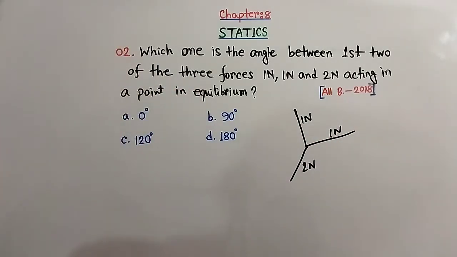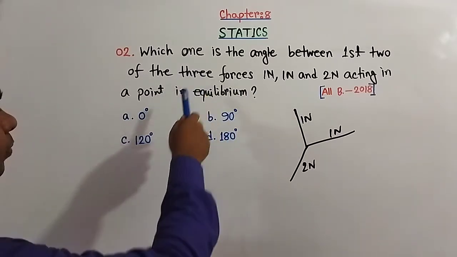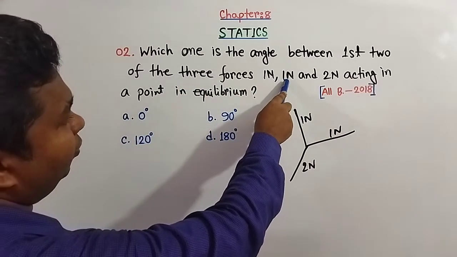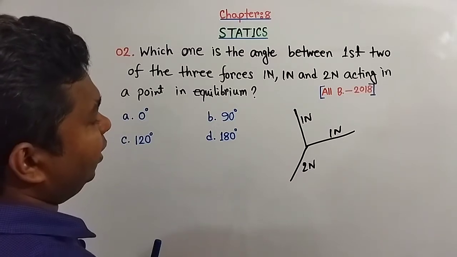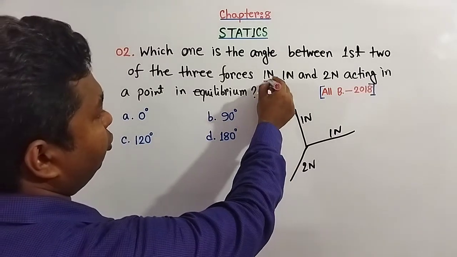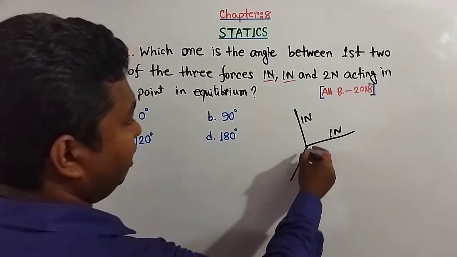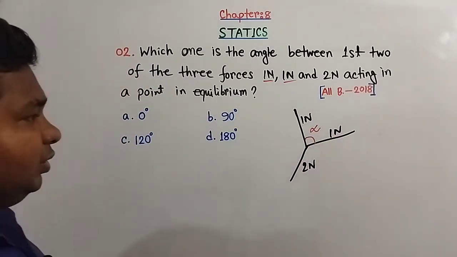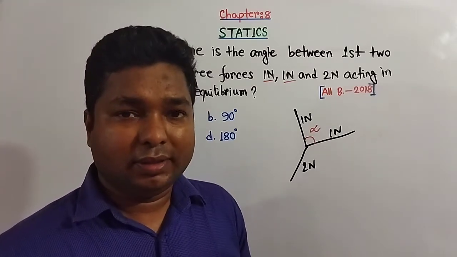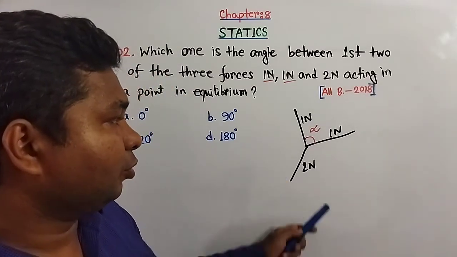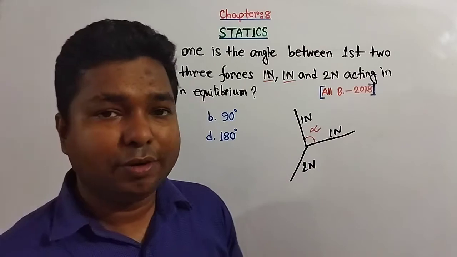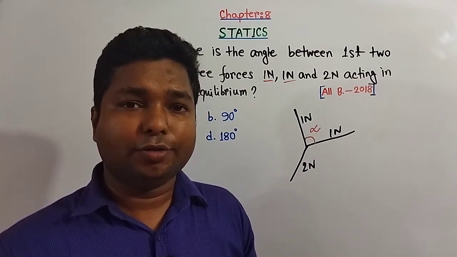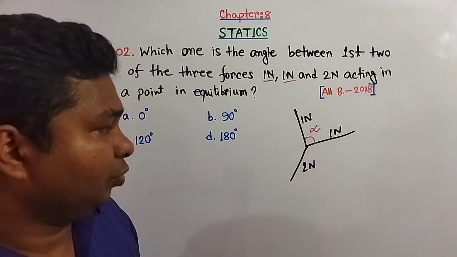We have to find the angle between the first two forces. Let the angle between those two forces be alpha. Now, since those three forces are in equilibrium, the resultant force of 1 Newton and 1 Newton must be equal to the third force, that is 2 Newton.